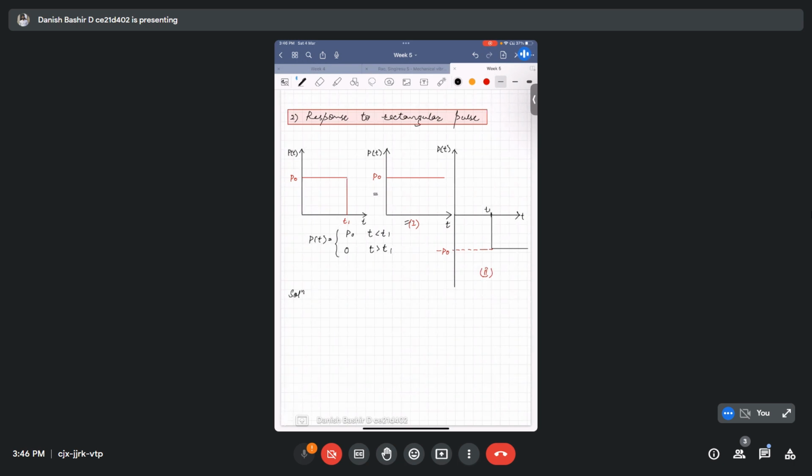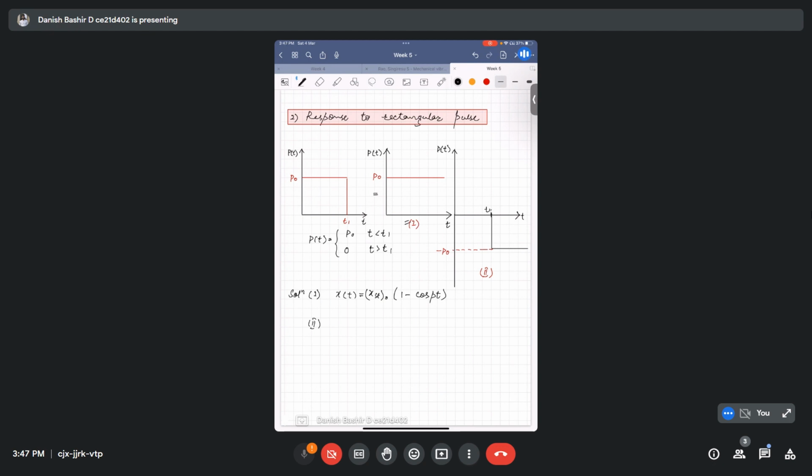Solution for step pulse one, we can directly write as x of t equal to x static naught times 1 minus cos pt, because we already deduced it. And for two we can write, but remember, step pulse 2 starts after a time duration t1.